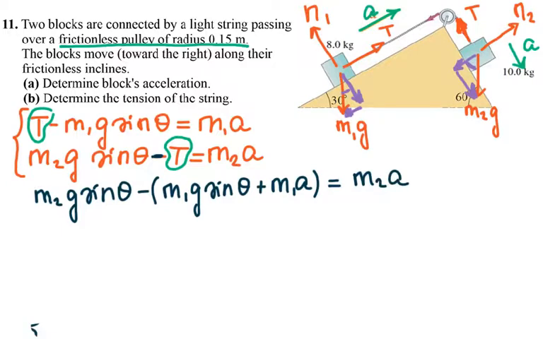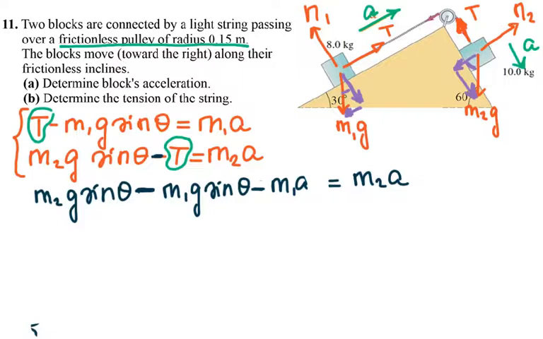So wherever there are parentheses is my tension. If I drop the parentheses, the negative sign in front will change the sign in the middle right here. So this sign will become a negative, and the parentheses are gone.